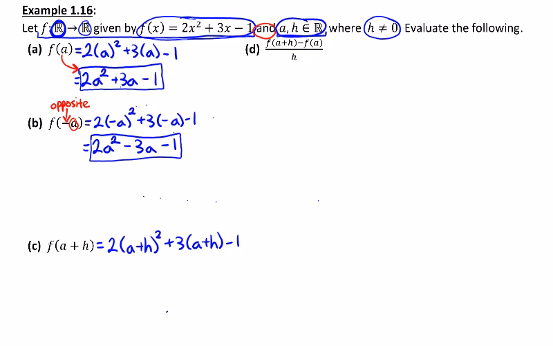To actually square something means to repeat the multiplication of that value twice. So I can't get away with just squaring the individual terms inside of the a plus h, but rather I have to think of it as a plus h times a plus h plus 3 times a plus h minus 1.